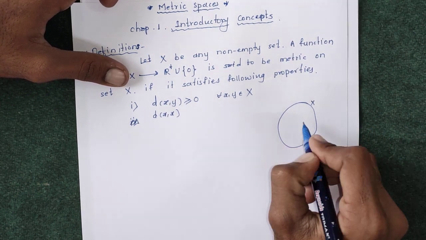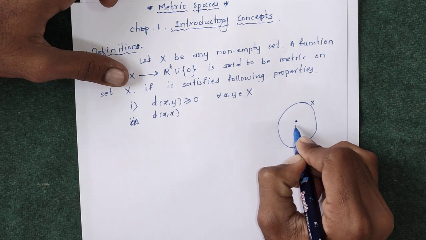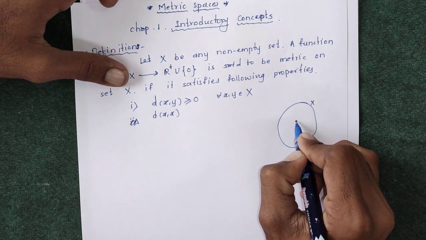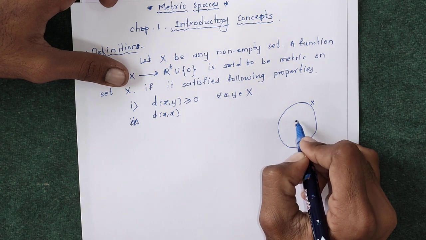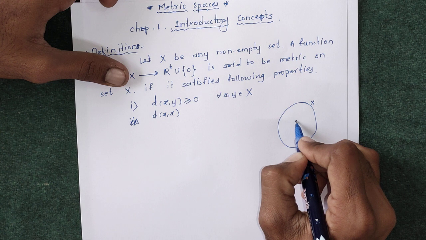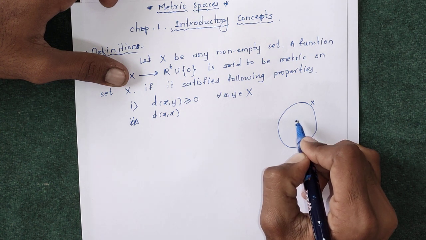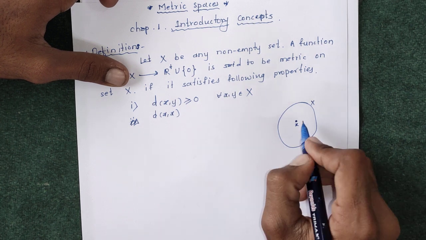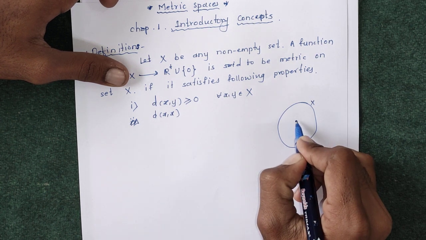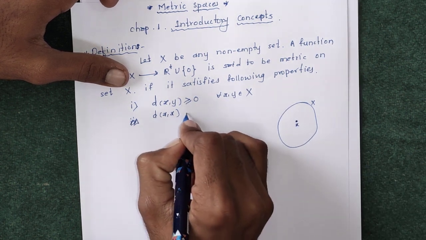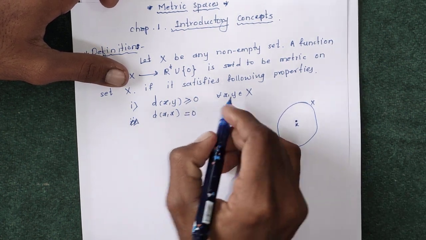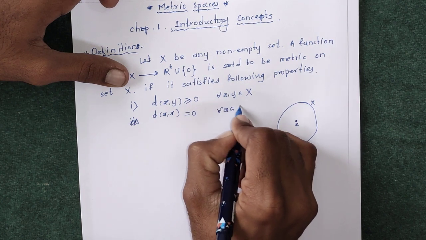If we apply the function, the distance between the element x and the element x is at constant position, and the distance from x to x is 0, since x is only one point. So the distance between x and x is equal to 0 for any x belonging to the set X.